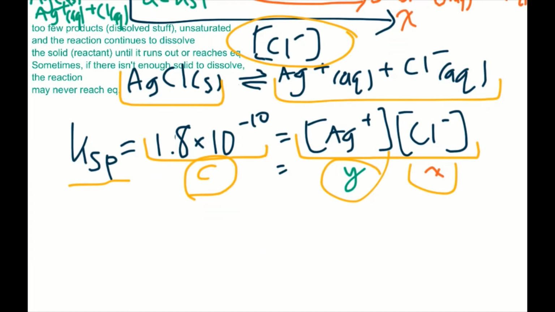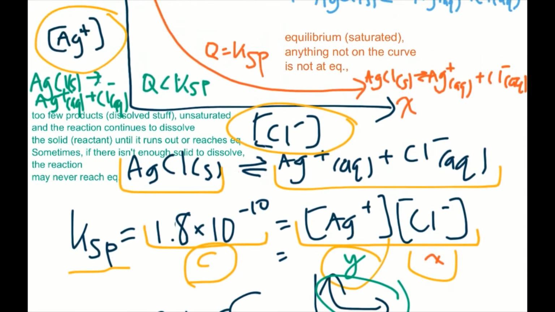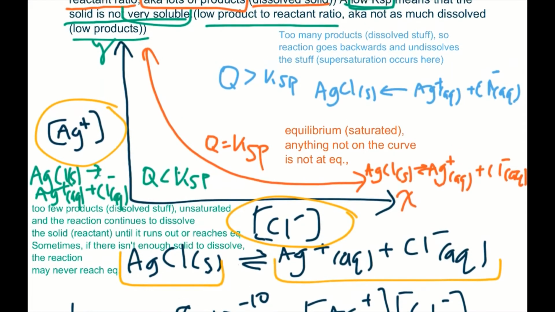Now, in your math class, you've probably learned that X times Y equals constant is an inverse graph where it kind of looks like that. But in this case, we are going to ignore quadrant 3, which is this quadrant, simply because we never have negative concentrations. So we focus on this curve, and this is exactly what is shown in this graph up here.